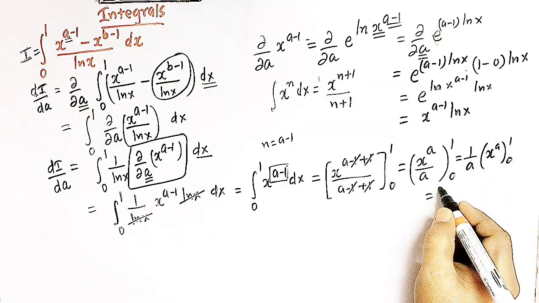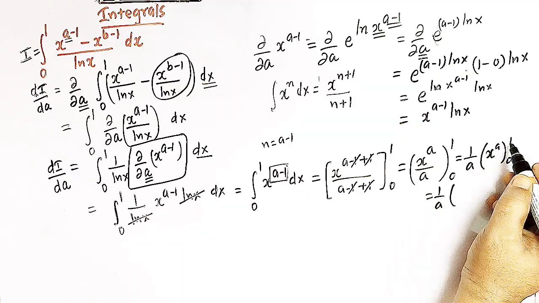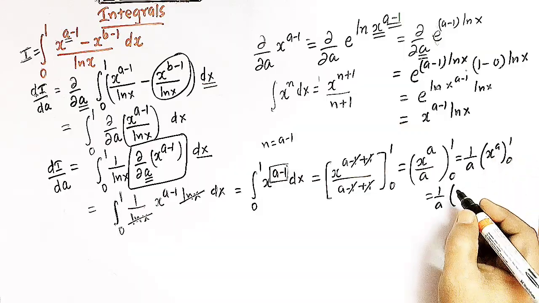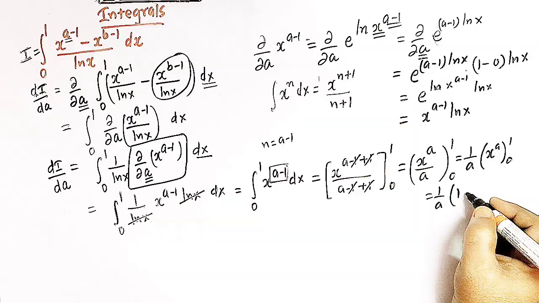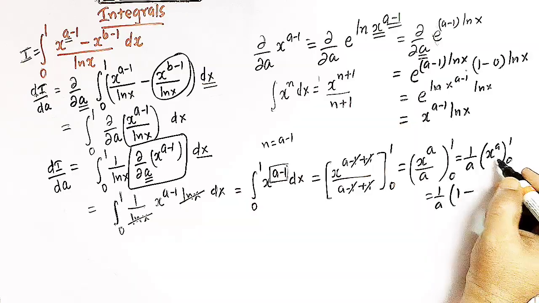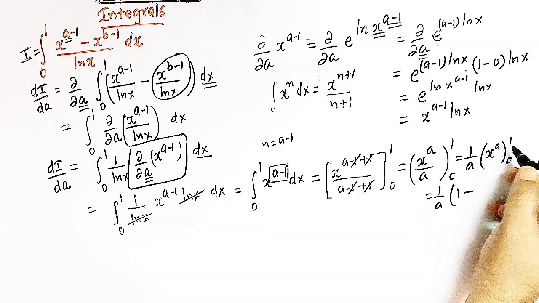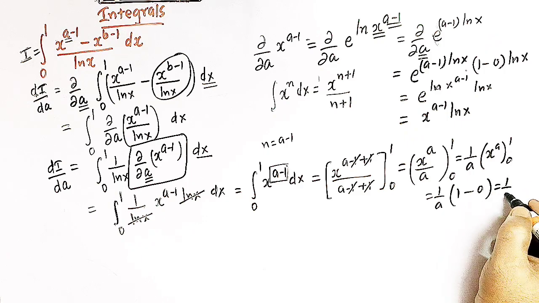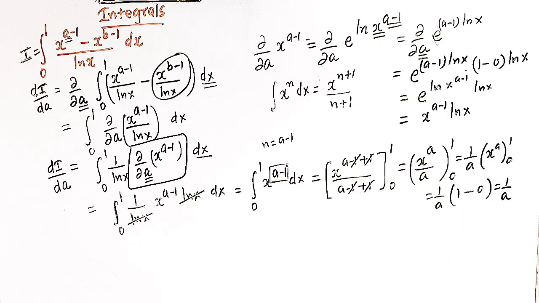So we have now 1 over a. First we take x is equal to 1, so 1 raised to a is simply 1, and here we take x is equal to 0, so this term is now 0. So we have simply 1 over a, right?